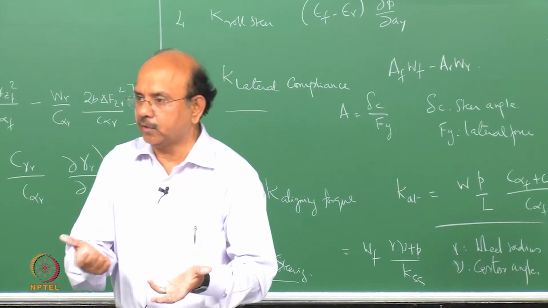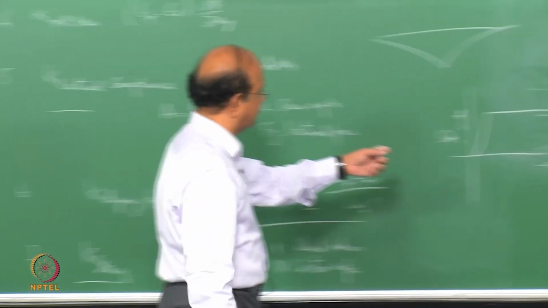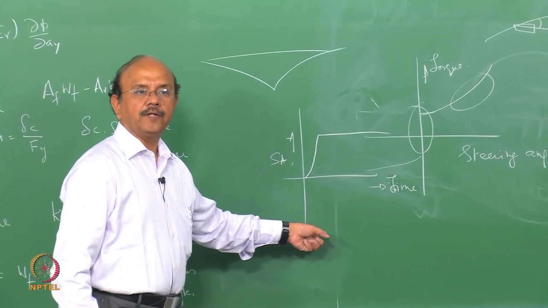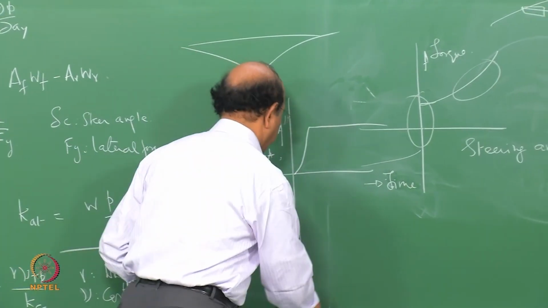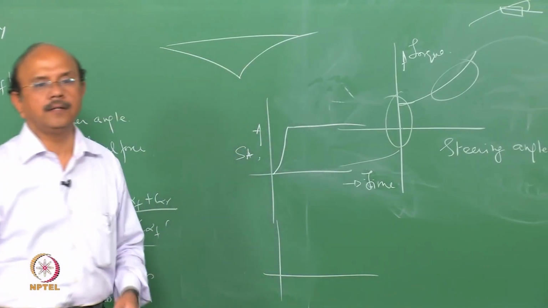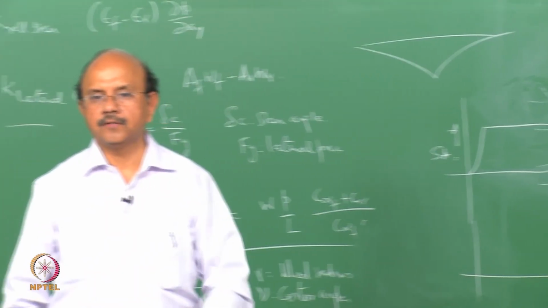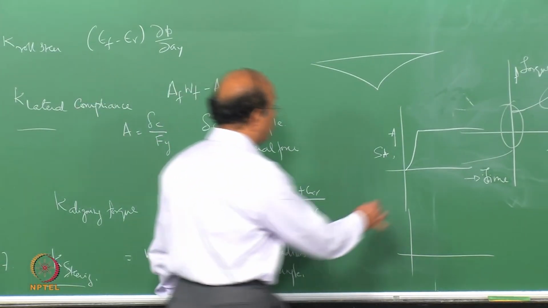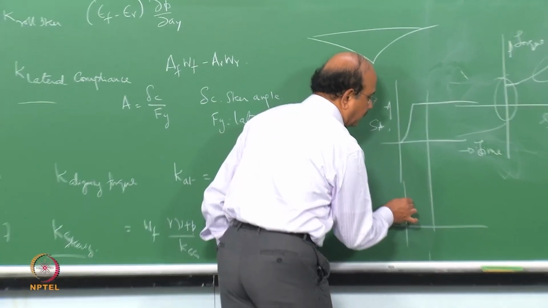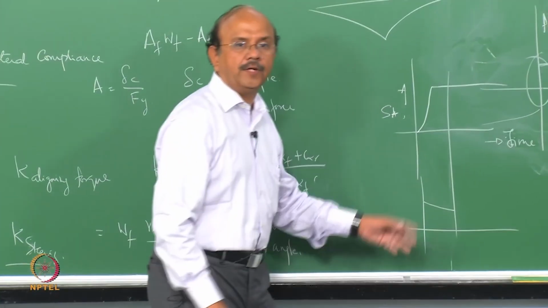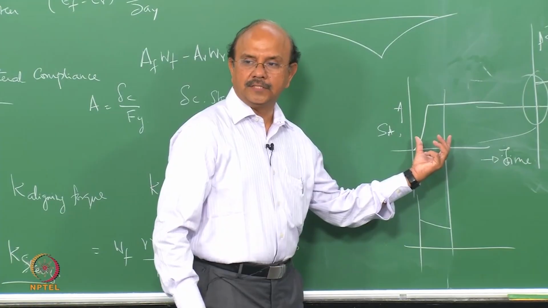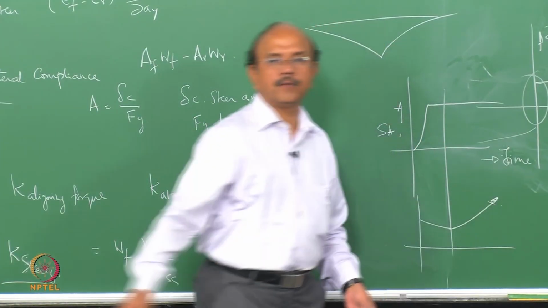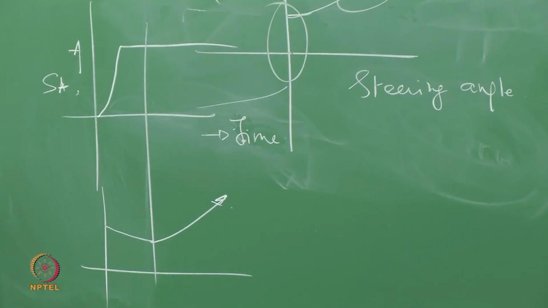It takes time for me also to give an input, right? So that's what this is. Now I want to look at after how long does my car start negotiating this maneuver. So it may happen that the car which is going straight will keep going straight for some more time, which is that response time, after which it will start going, right?